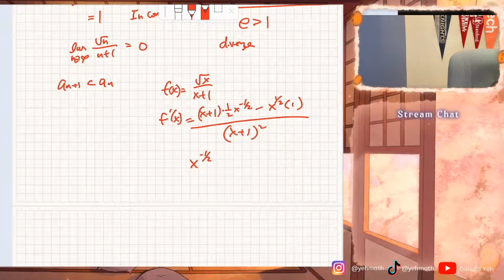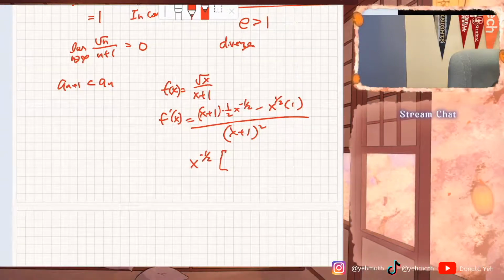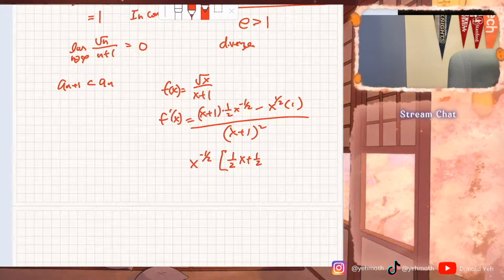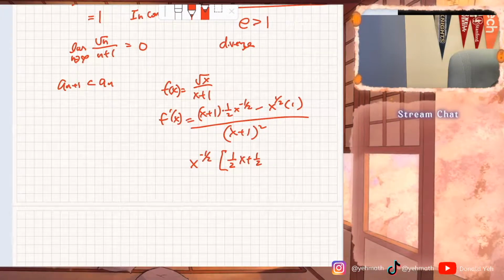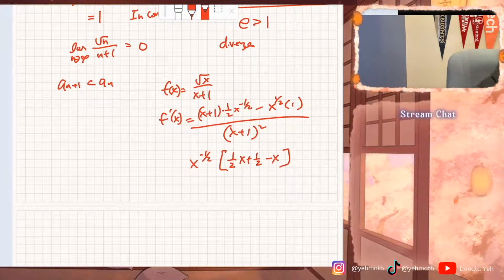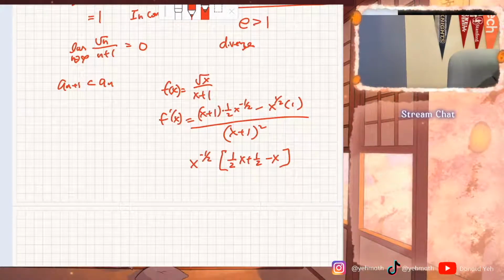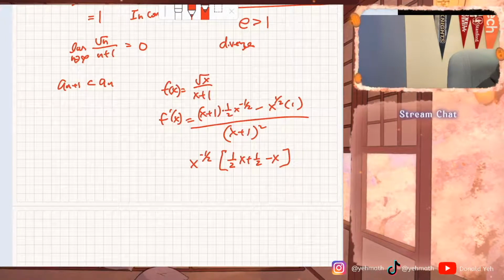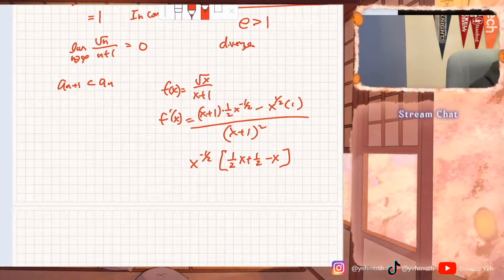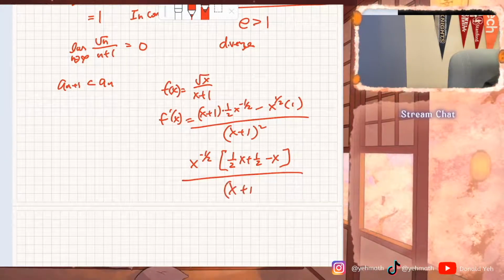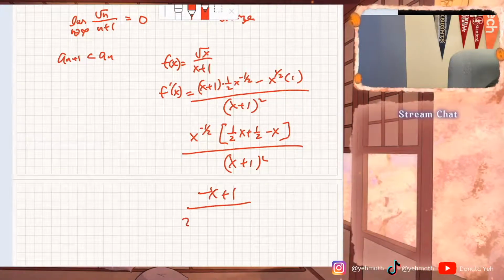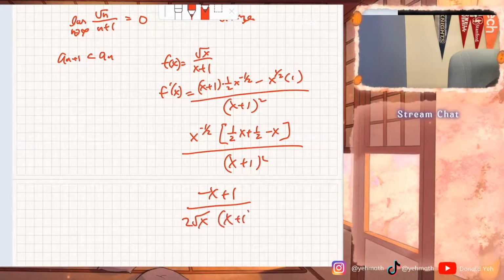So what am I going to get? Okay, hold on, let me finish. This will eventually simplify to negative x plus 1 over 2 square root x times x plus 1 squared.